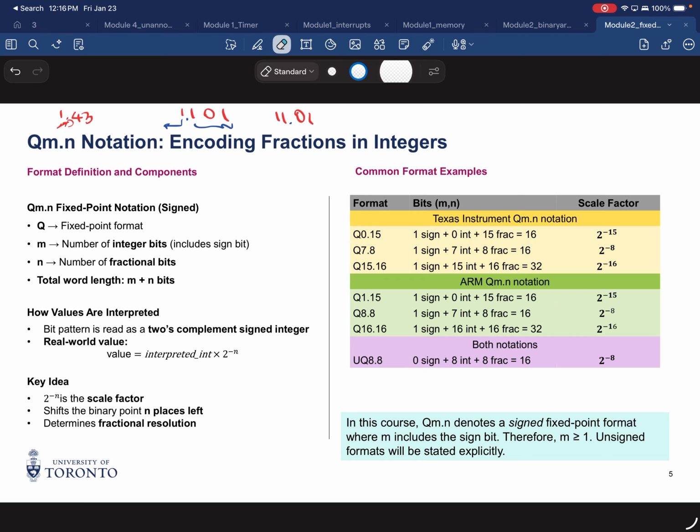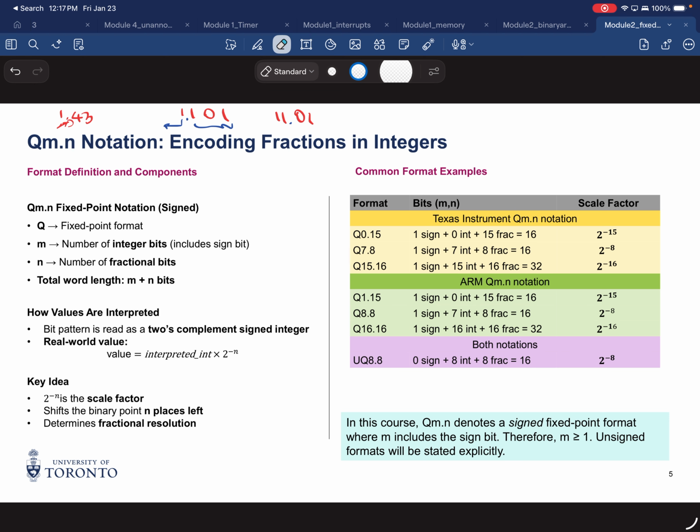If you see anything other than these, consider that m has the sign bit and the integer bits together. Even in textbooks and online resources, you would see these two being used interchangeably, so I wanted you to be familiar with it.